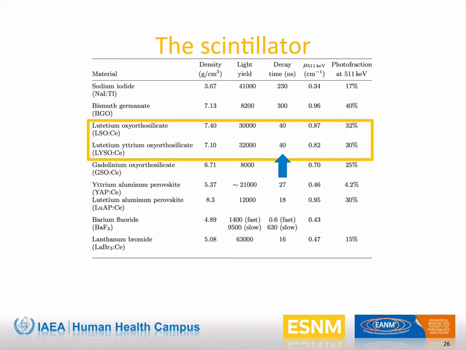One of the advantages of lutetium-based scintillators with respect to BGO is the very fast decay time, that is now 40 nanoseconds instead of 300 nanoseconds for BGO. Another important figure making lutetium-based scintillators so interesting is the light yield, that is about 4 times the light yield of bismuth germanate.